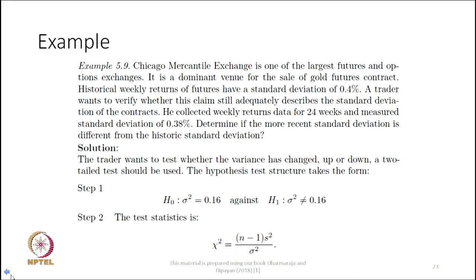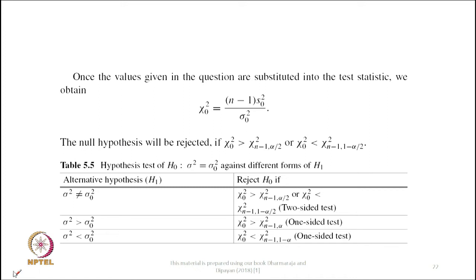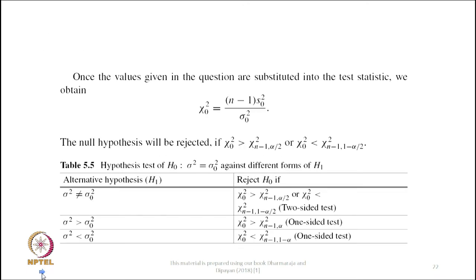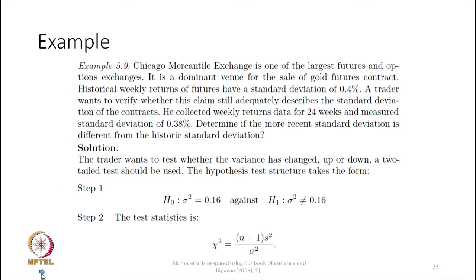Based on the theory which we have discussed just now, you can come to the conclusion that n minus 1 times s square by sigma square follows the chi-square distribution with n minus 1 degrees of freedom. Therefore, the test statistic is this for this example.